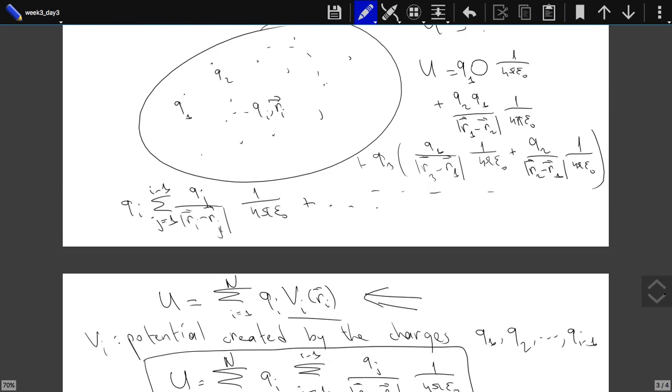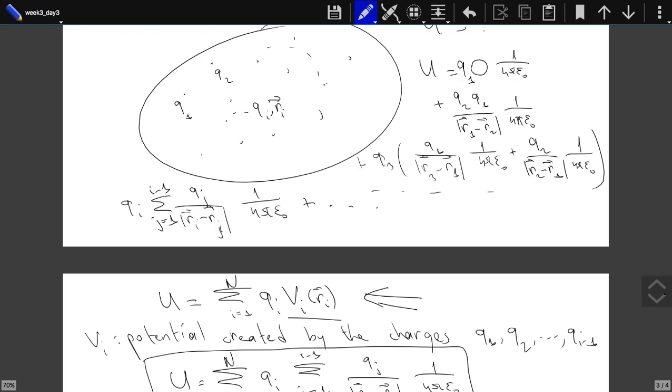to bring the charge Qi, we need to do a work that is given by Qi times Vi. But Vi here is nothing but the potential created by the charges Q1, Q2, Q3 up to Qi minus 1. Because already we have brought them, and to bring this additional charge Qi, we have to do work against all the present charges, and the total amount of work that we do is nothing but Qi times the potential created by all the present charges.